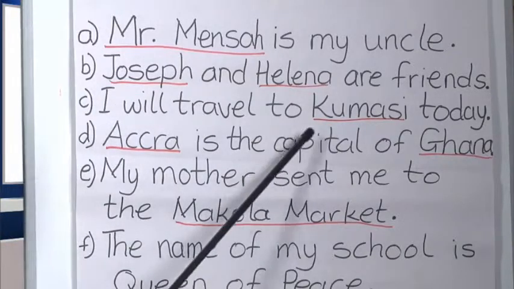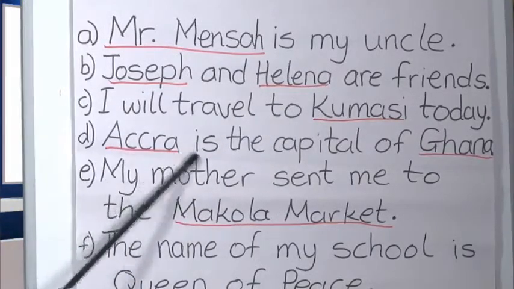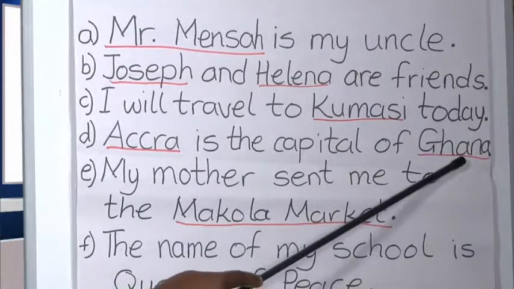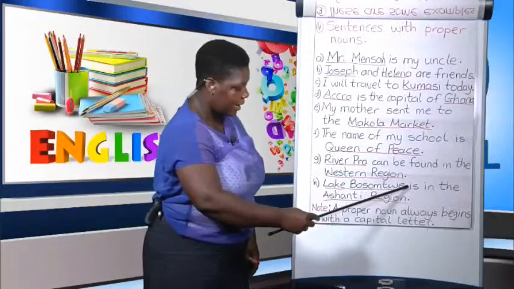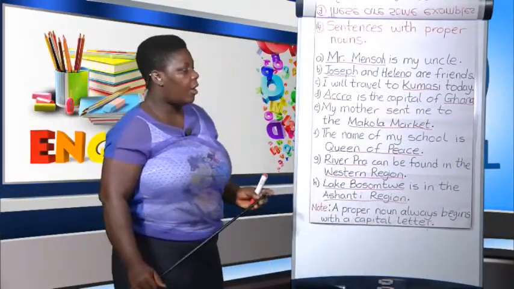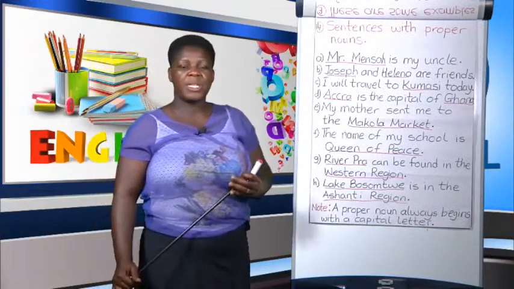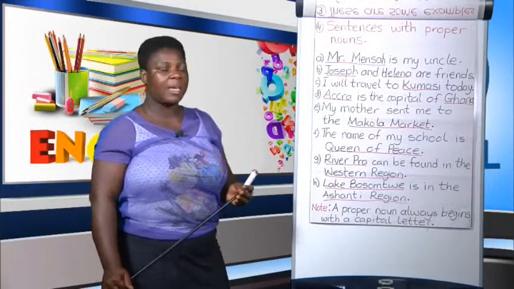The next sentence, we have Kumasi, we have Accra, Ghana, Makola Market, Queen of Peace, River Pra, Western Region, Lake Bosumtwi, and Ashanti Region. All of these begin with capital letters. That shows they are proper nouns.